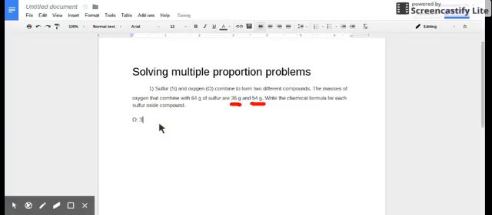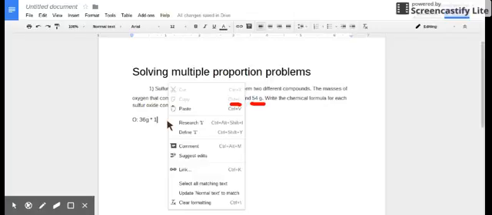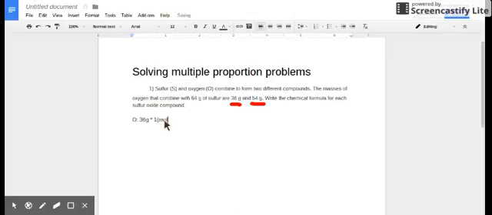So the first one, we're going to do 36 grams, and we have to times that by the mole of oxygen, so that would be 16 grams, equals 2.25 moles of oxygen. Alright, so let's do a similar thing with the other oxygen.